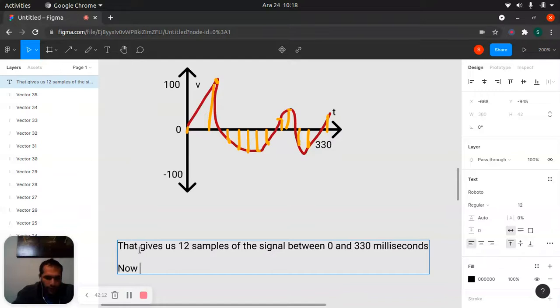Now we can express the signal as a series of sampled points.